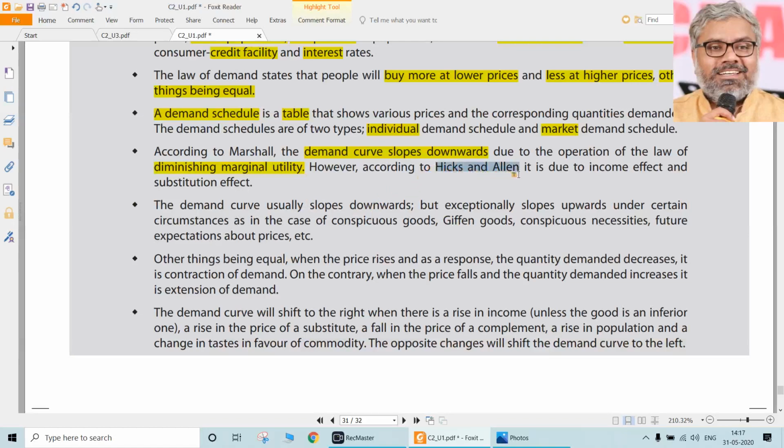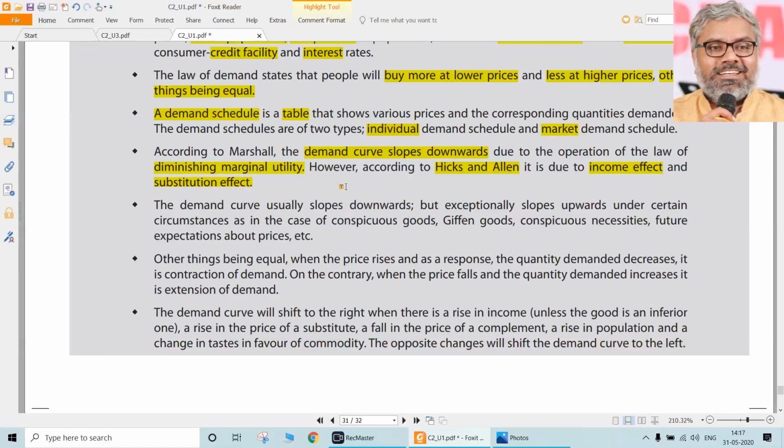Then two other people, Hicks and Allen, argued that this downward-sloping demand curve is because of two possibilities. One is the income effect, the other one is the substitution effect. Both of them we discussed already. But the income effect or substitution effect, or sometimes both happening at the same time, will have an impact on the demand.